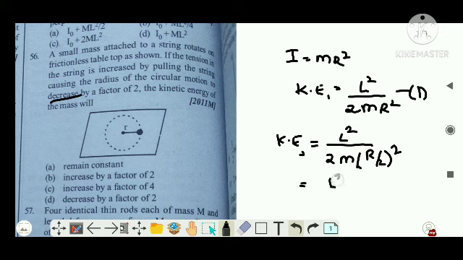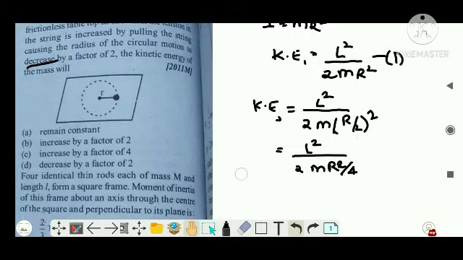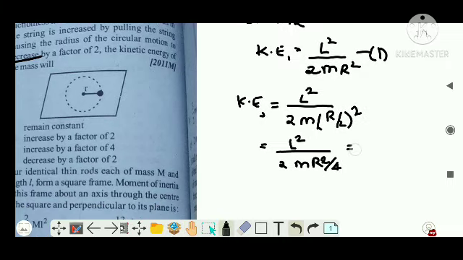So it will be L squared by 2m r squared by 4. Now how much has the kinetic energy changed? It is 4 times the initial kinetic energy. So the final kinetic energy is 4 times the initial kinetic energy.